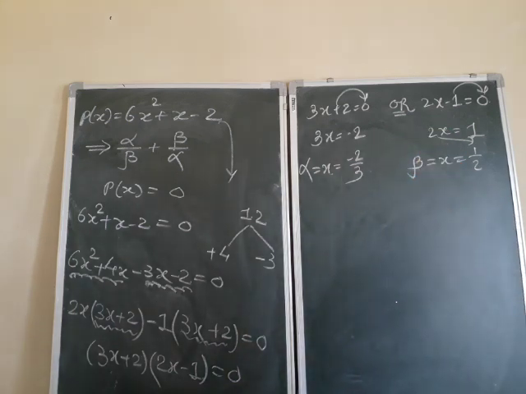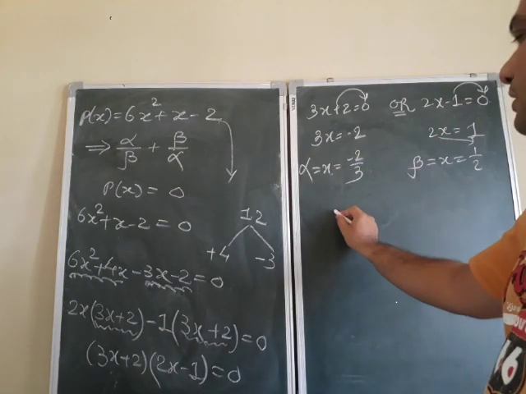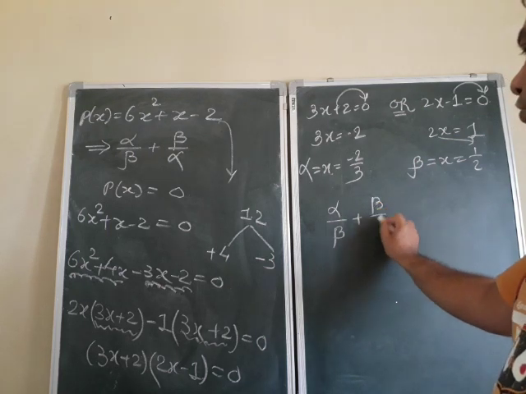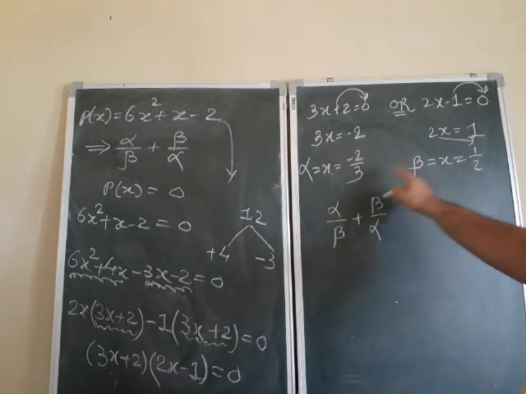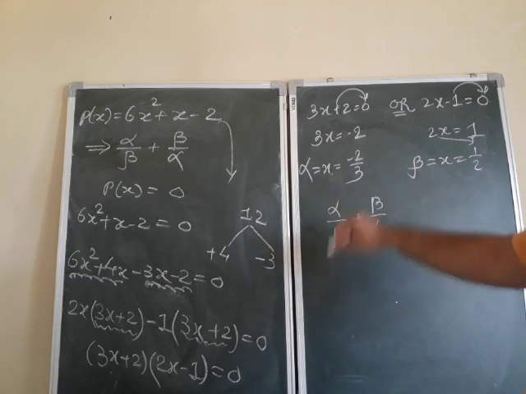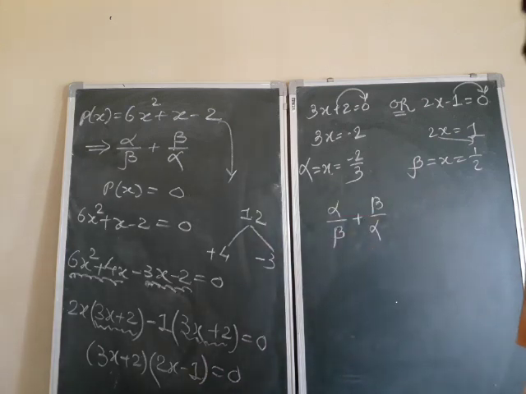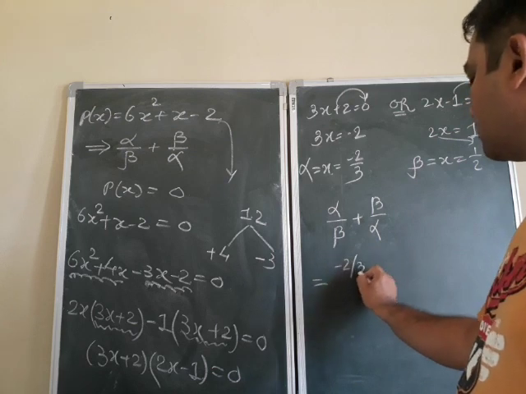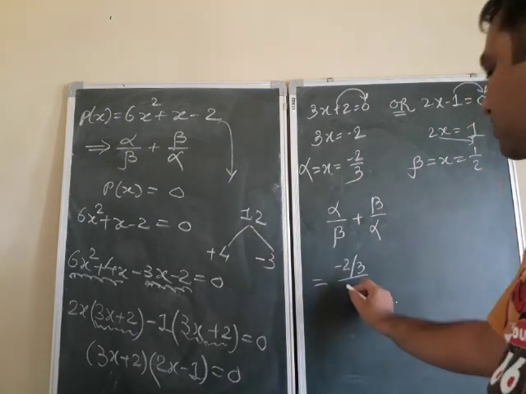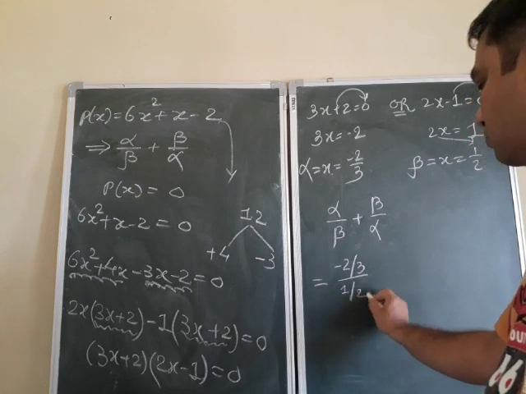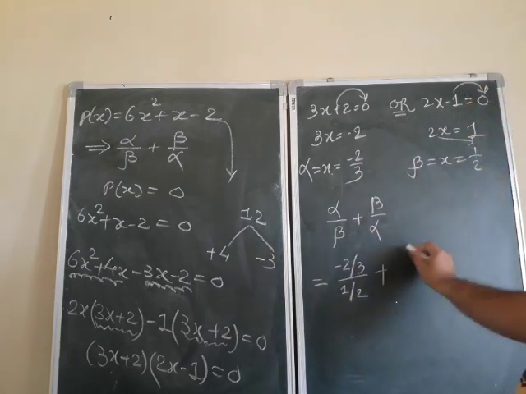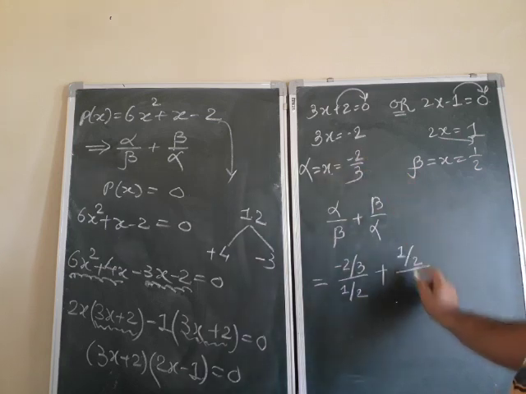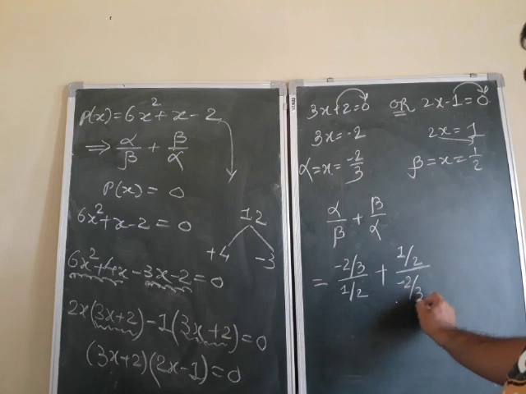Okay. Now you need to find this value: alpha upon beta plus beta upon alpha. Now alpha is here and beta is here. You can substitute all these values in their respective places. So see here, alpha is minus 2 by 3 and beta is 1 by 2, plus beta is 1 by 2 and alpha is minus 2 by 3.